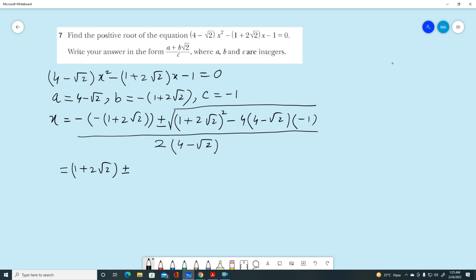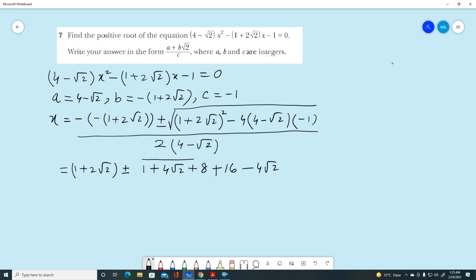So a square is 1, plus 2ab: 2 ones are 2, 2 twos are 4, 4 root 2, plus b square: 2 square is 4 and root 2 cancels by square, 4 twos are 8. Minus 4 into minus 1 plus 4. 4 fours are 16, and plus minus minus 4 into root 2 is 4 root 2.